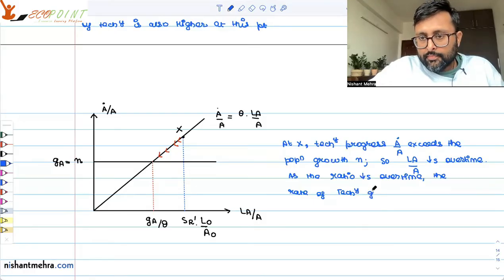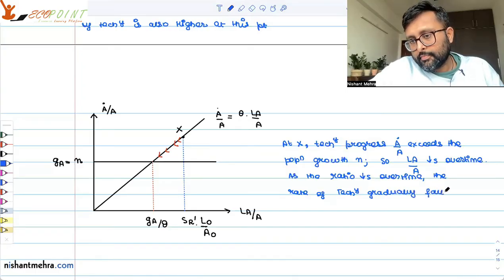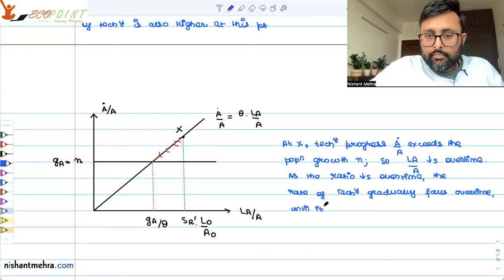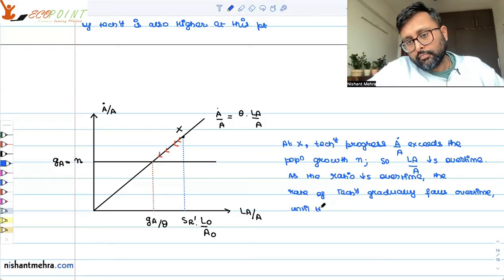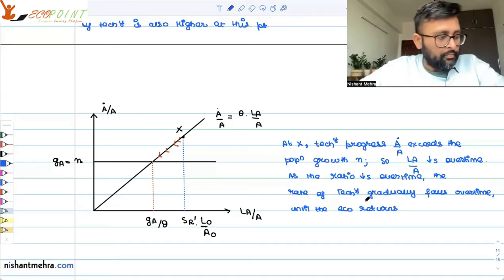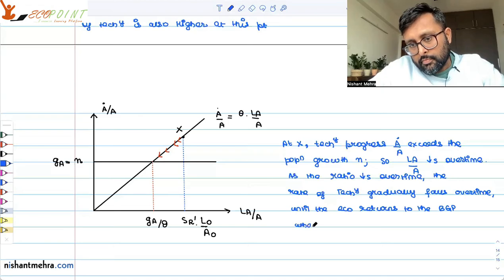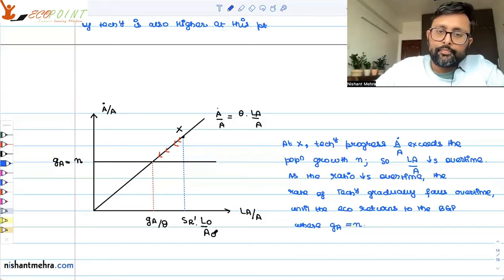The rate of technology gradually falls over time until the economy returns to the balanced growth path where GA is equal to N.